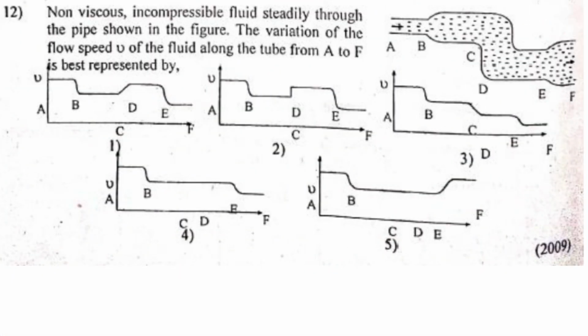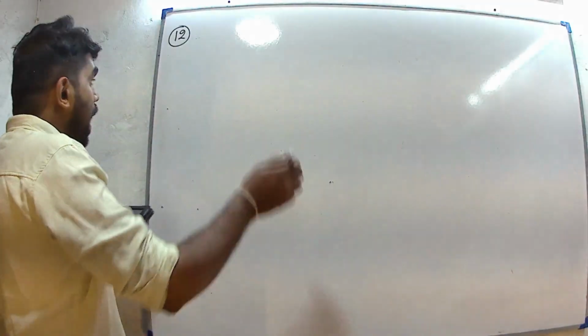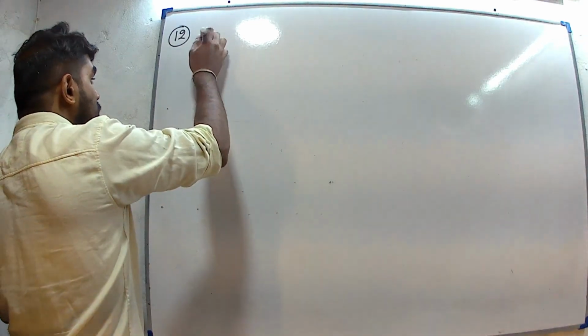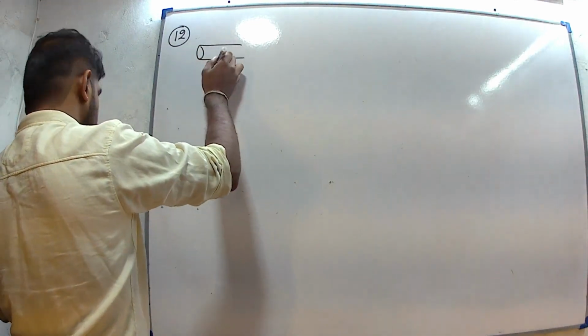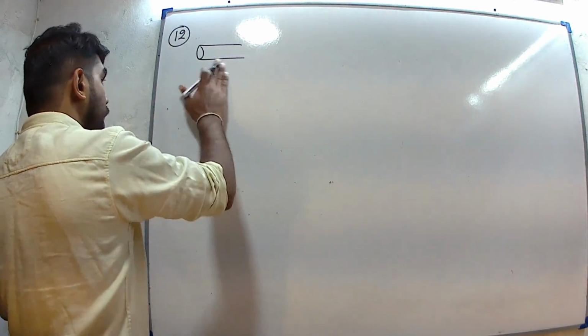Question number 12. A non-viscous incompressible fluid flows steadily through the pipe shown in the figure. The variation of the flow speed of the fluid along the tube from A to F is best represented by which graph? Part A to B has the smallest cross-sectional area.